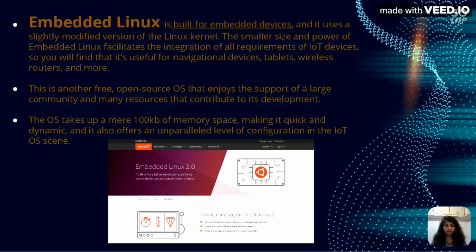This is another free open source operating system that enjoys the support of a large community and many resources that contribute to its development. The operating system takes up a mere 100 kilobytes of memory space, making it quick and dynamic, and it also offers an unparalleled level of configuration in the IoT OS space.